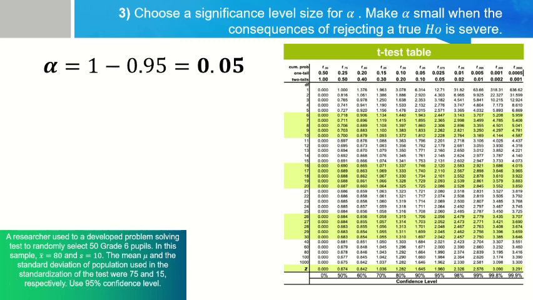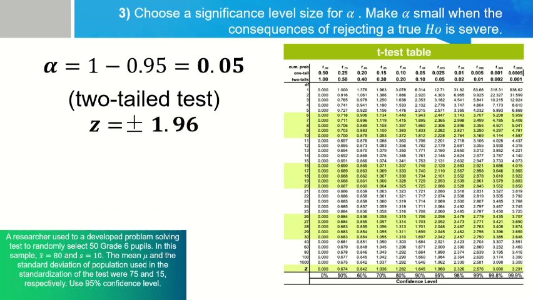We have 0.05. Since we are conducting a two-tailed test, so your critical value is 1.96. Ito two-tailed test. We have 1.96, positive and negative.